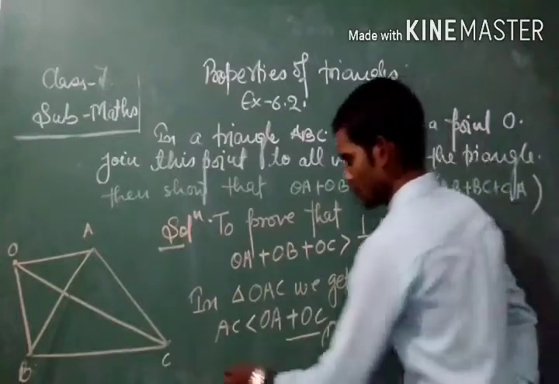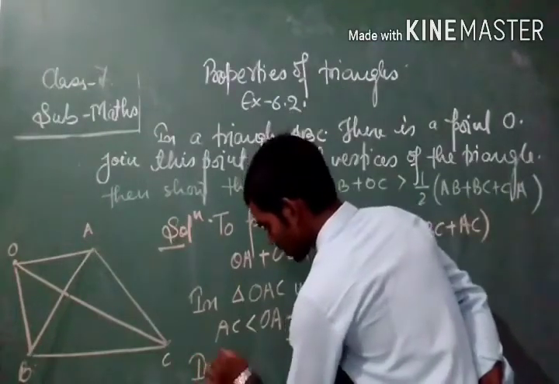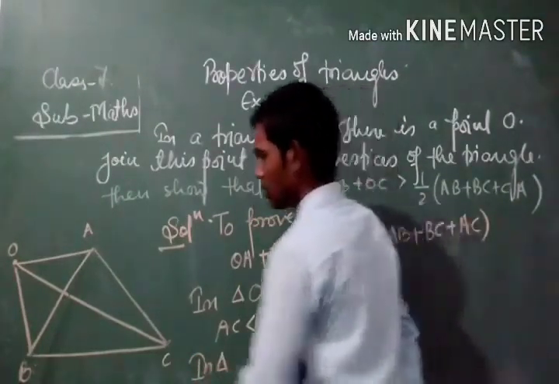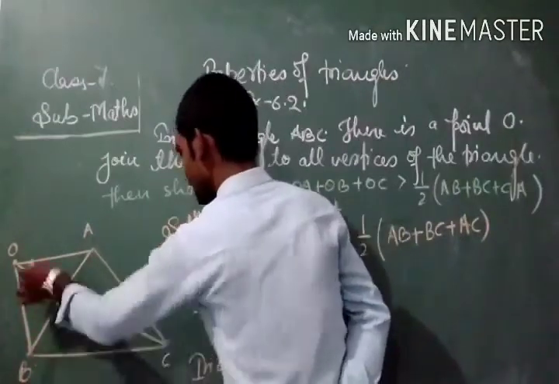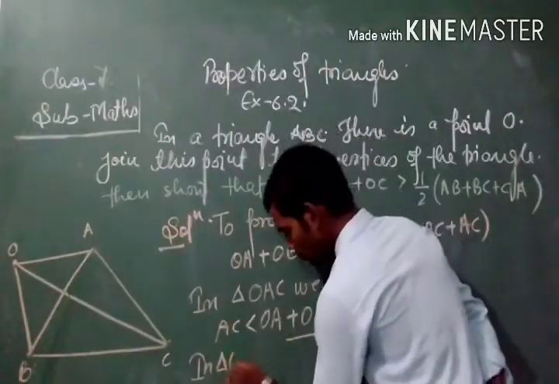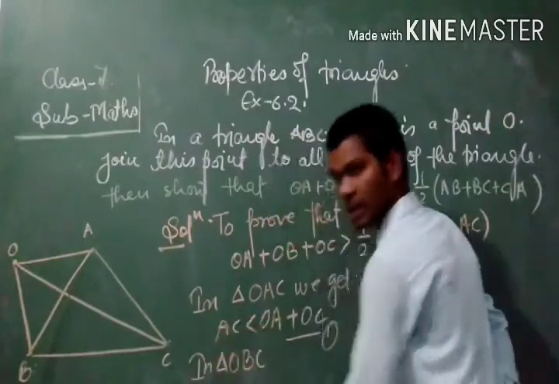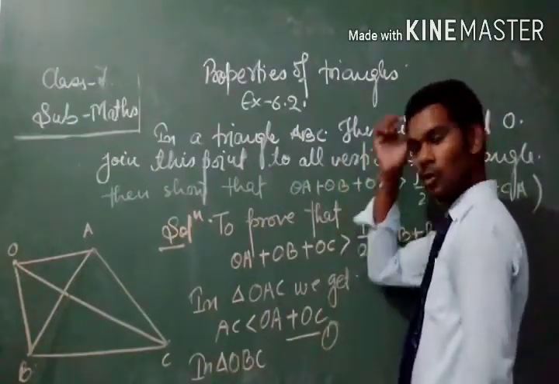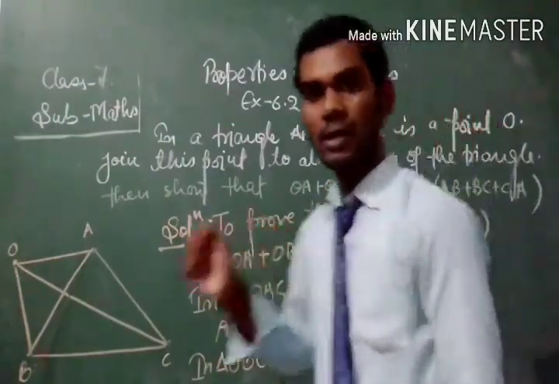Similarly, in triangle OBC, what do we get?